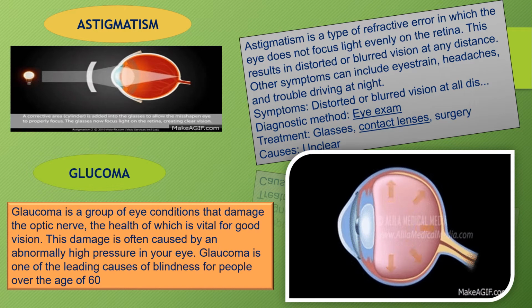Increased intraocular pressure damages the nerve fibers in the retina and causes blindness. This condition can be improved by decreasing the overproduction of aqueous humor or increasing the outflow of aqueous humor.